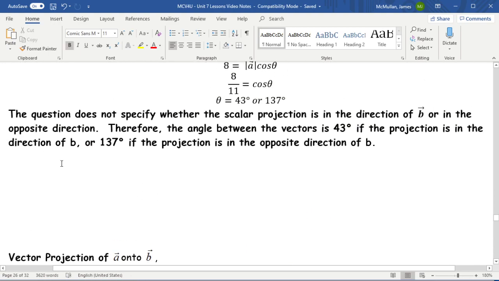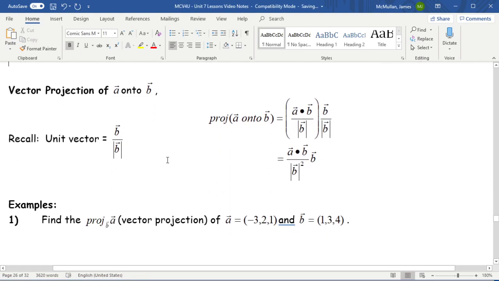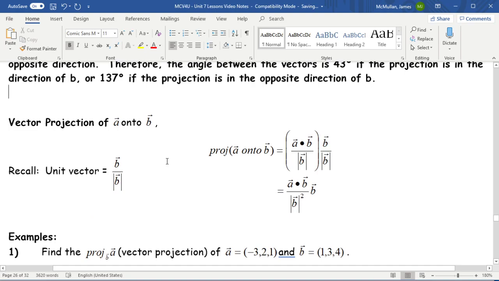All right, now we get into the real meat of the day, the vector projection. Now, in my opinion, if you find this overwhelming, what I would do is learn the vector projection only, and then remember that the scalar projection is just its magnitude.